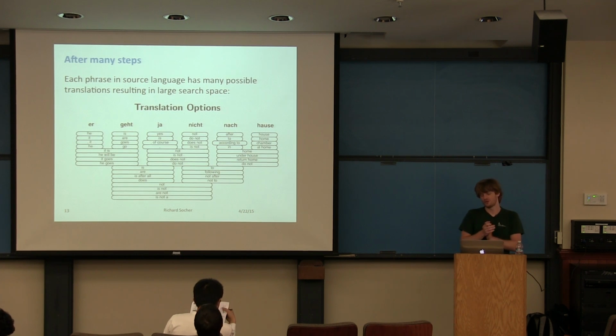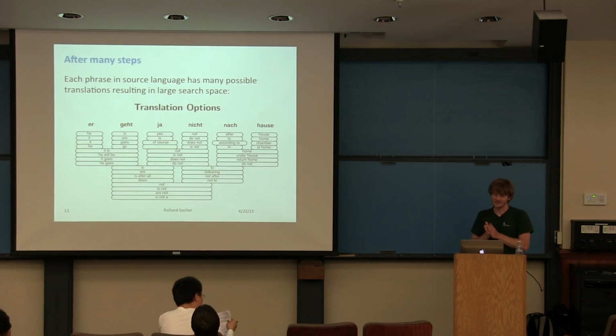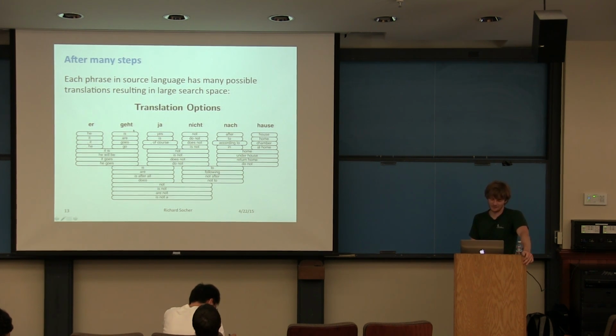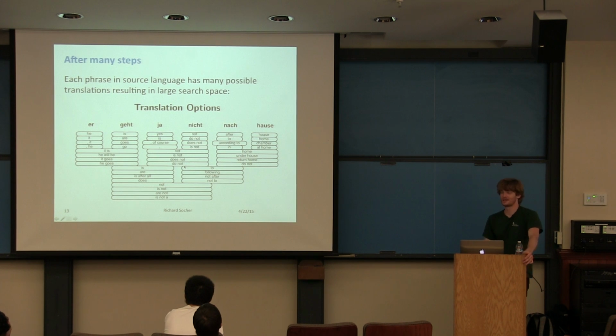And so just to give you a tiny glimpse of the complexity here of the final step, we look at the final decoder, which is basically trying to find the best possible translation after knowing that, for instance, "er" could translate to "he," "it," or "comma he," right? And like I said, "ja nicht" could translate to "yes not" if you just look at the single words, but oftentimes you can also say, well, maybe those together translate to "does not," and if you have multiple people, "do not," and so on. So now you have all these potential translations. And "nach Hause" is an interesting one too.